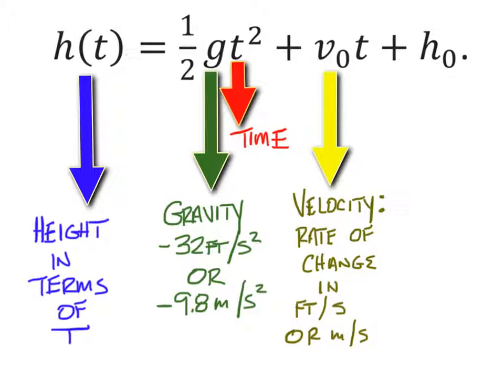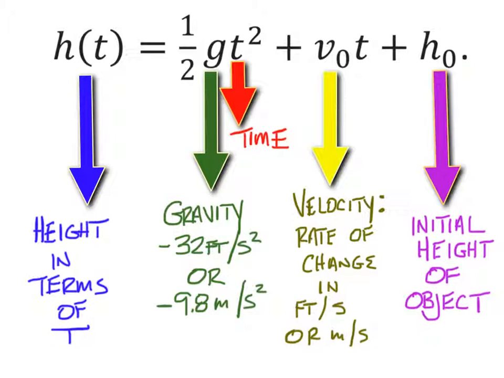The V stands for velocity. It's the rate of change in terms of feet per second or meters per second. The initial velocity. And it's multiplied against t, so don't forget the t is in there as well. And you have the initial height of the object, where it's being thrown from.